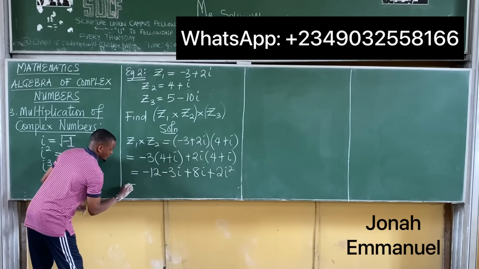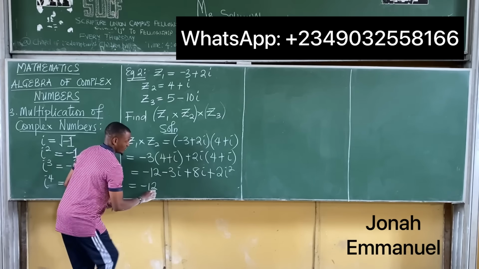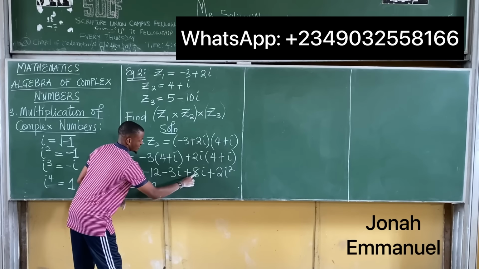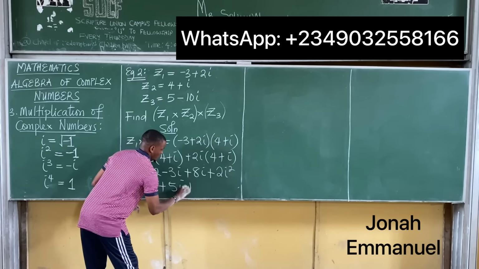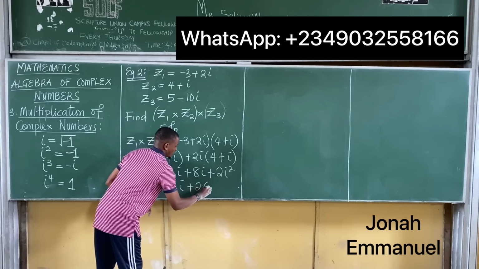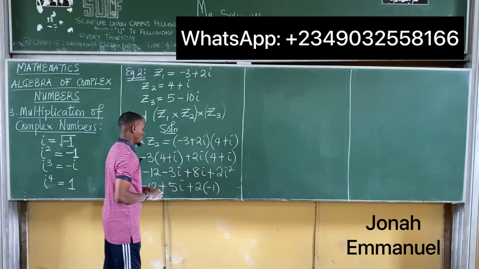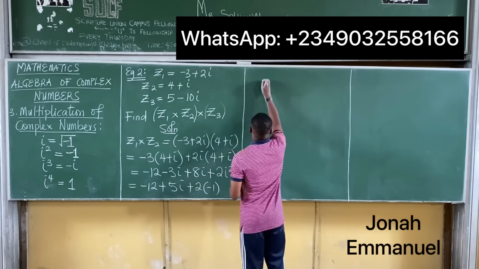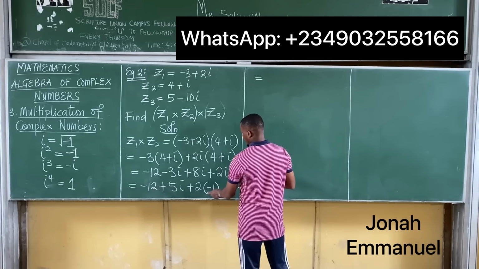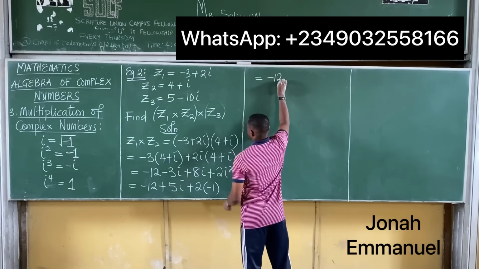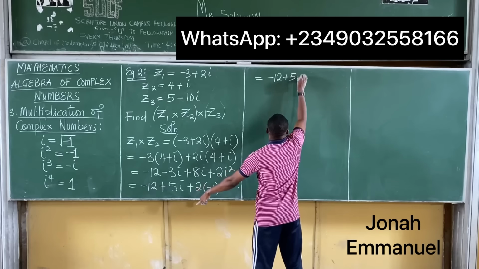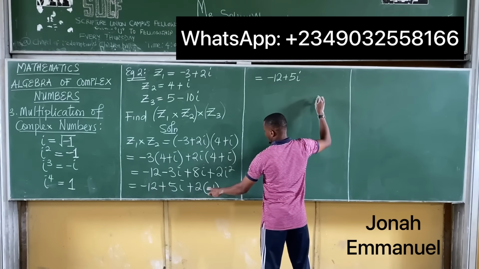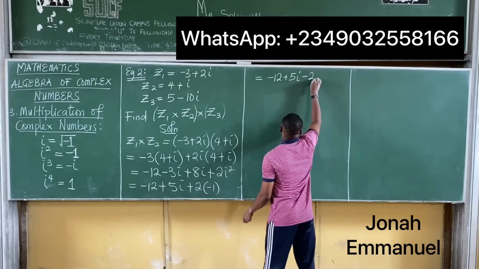Alright, so that's equal to minus 12, minus 3i plus 8i is plus 5i, then plus 2i squared. We said i squared is minus 1. So simplify this first: minus 12 plus 5i plus 2 times minus 1 is minus 2.